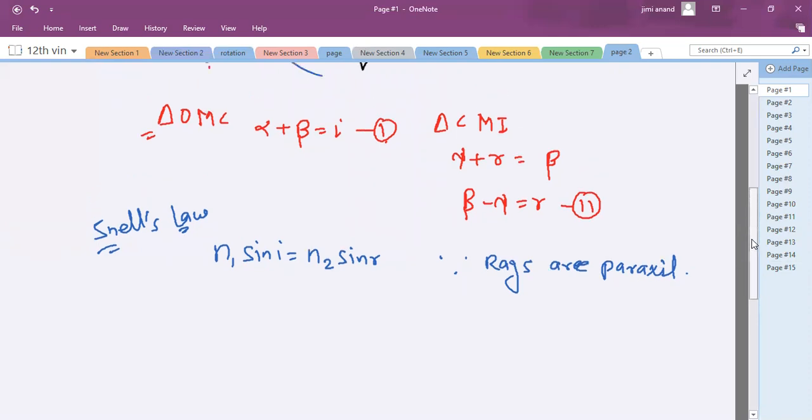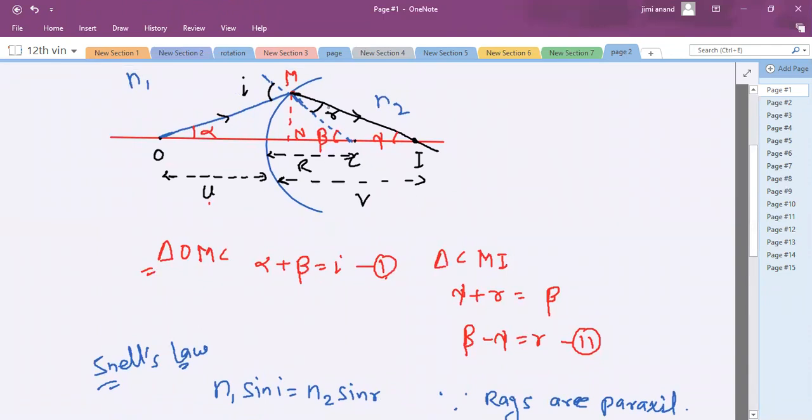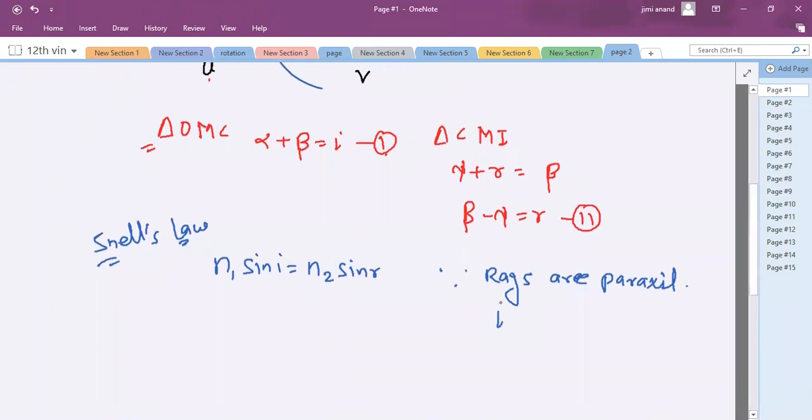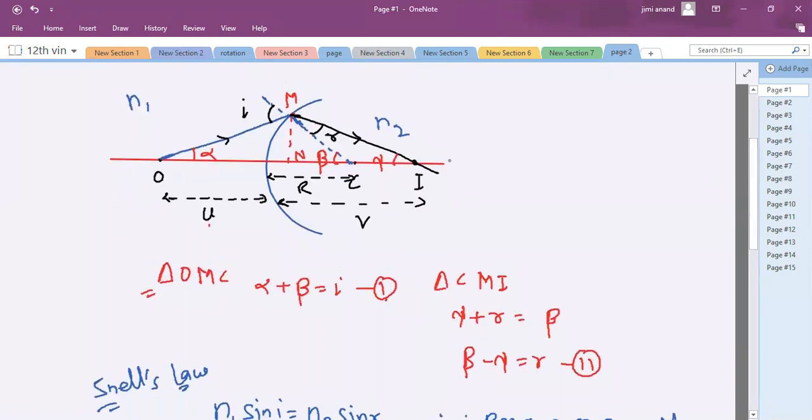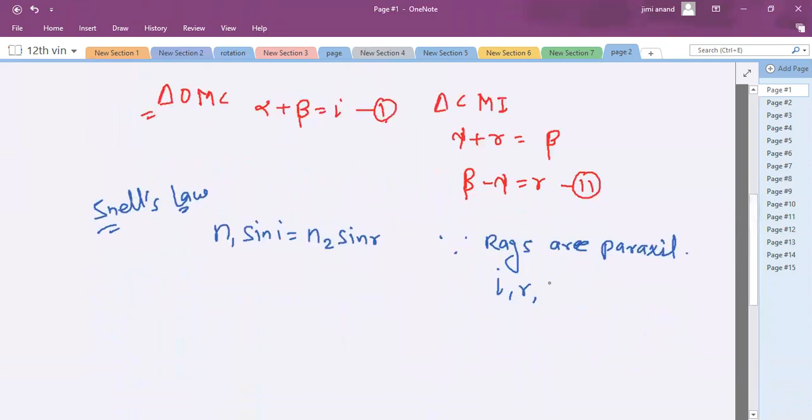Since rays are paraxial, the angle of incidence i and angle of refraction r are all small. If i is small, r will be small. Automatically, we can say that alpha, beta, and gamma are all small.